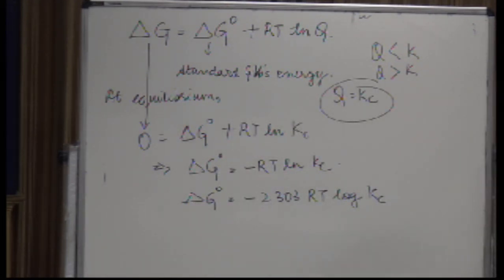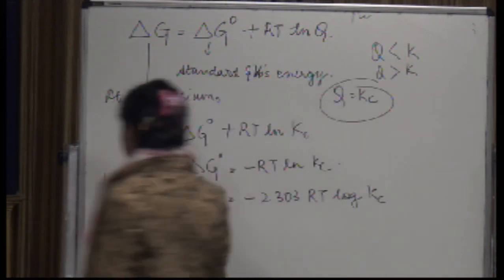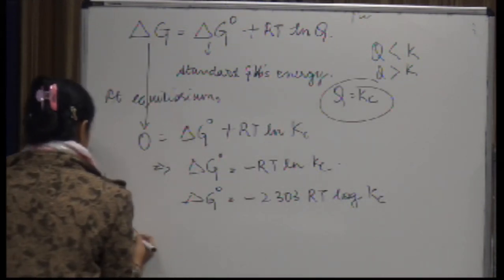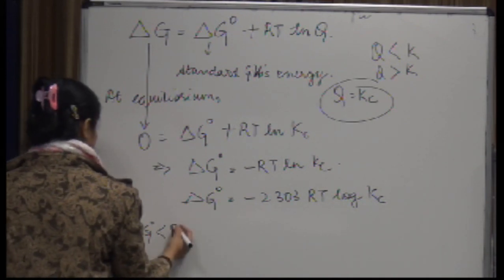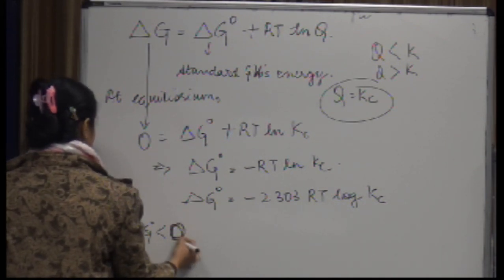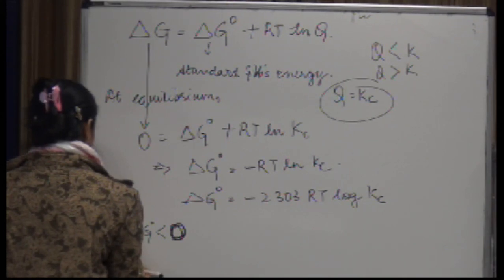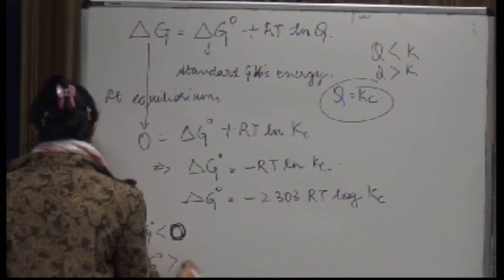And now the cases when delta G naught is less than 0, and the other cases when delta G naught is greater than 0.